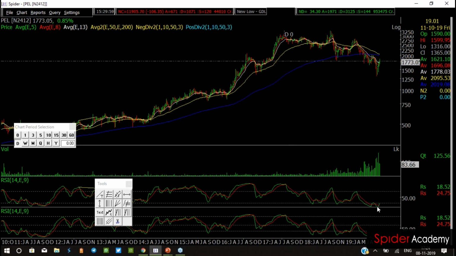I wouldn't say that. We do not have any particular divergence on a weekly chart. The prices have moved lower. Again, what we do here is that this is a lower low. In RSI, we have defined a range to it, right? We have a defined range to it from 0 to 100. When we're talking about a lower low, you have to be very vigilant when you're checking the same.